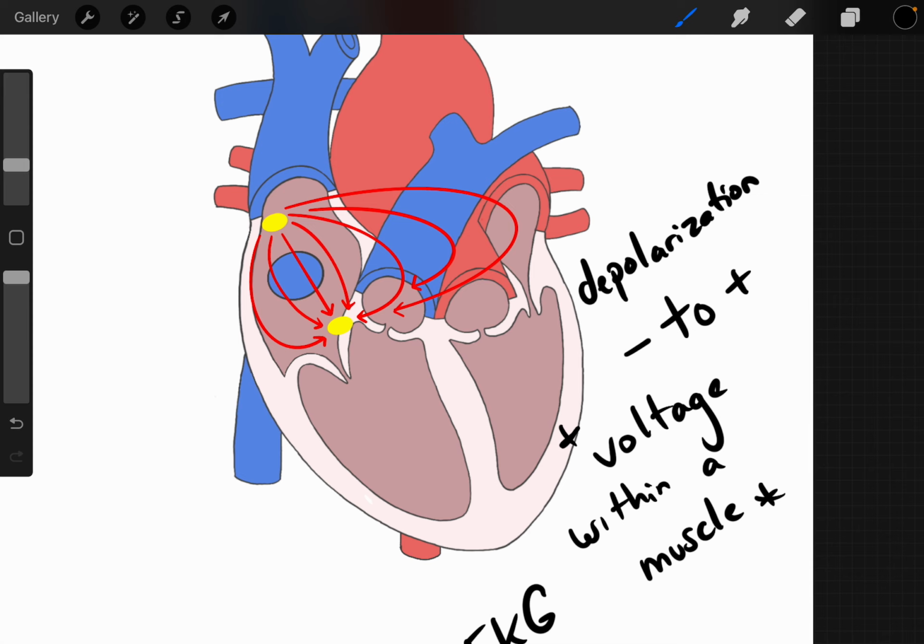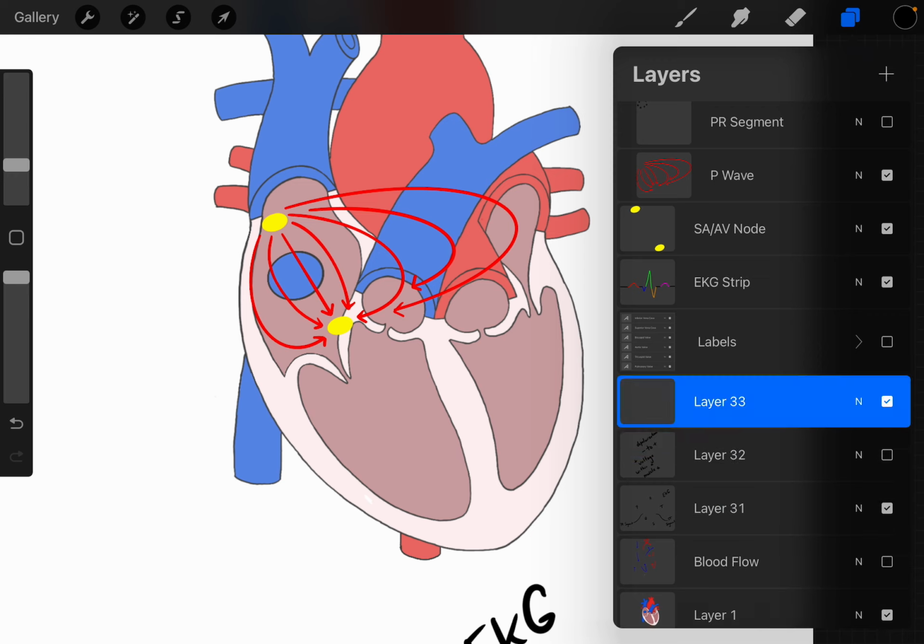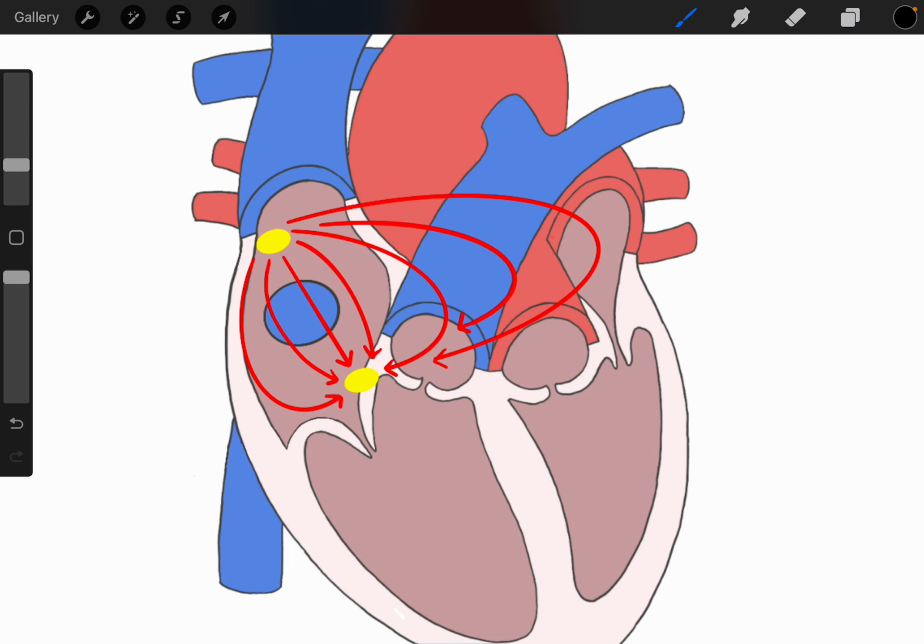Right now, we are specifically talking about heart muscles, cardiac muscles. So as you look at this, we're trying to depolarize all of the muscles that surround the atria, these top chambers of the heart. Once those muscles are depolarized, which means we're going from negative to positive.